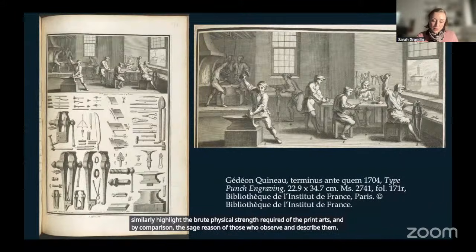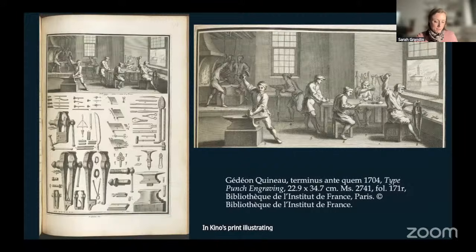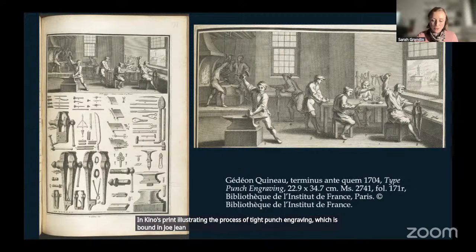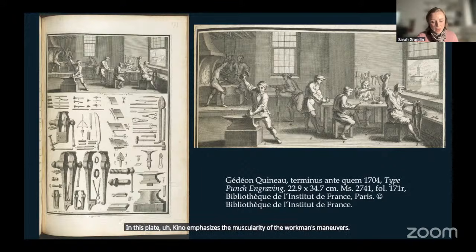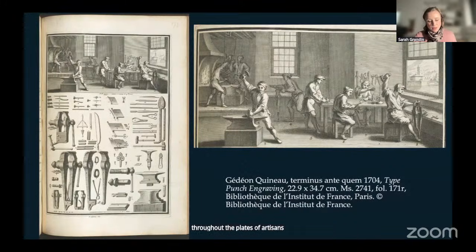In Quinault's print illustrating the process of type punch engraving, which is bound in Jaujon's 1704 manuscript and accompanied by a handwritten description, Quinault emphasizes the muscularity of the workman's maneuvers. Throughout the plates of artisans at work made for the Description des Arts, Simoneau and Quinault often fix figures in a hyperkinetic manner that signals the distinctly physical nature of their activities.